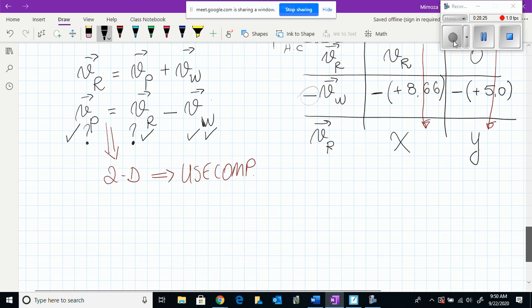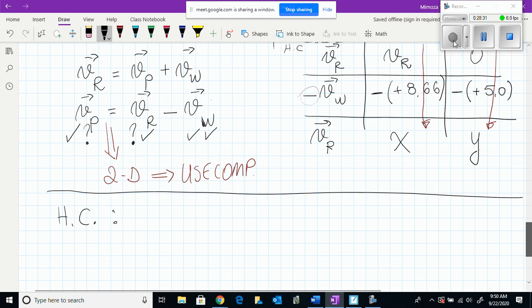Now, from the horizontal component, what we have is the resultant velocity minus 8.66 is equal to x, which is the horizontal component of the plane velocity.